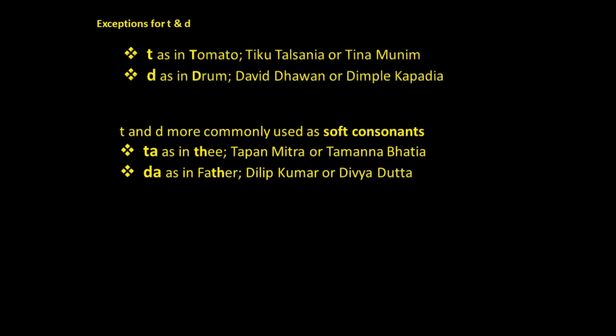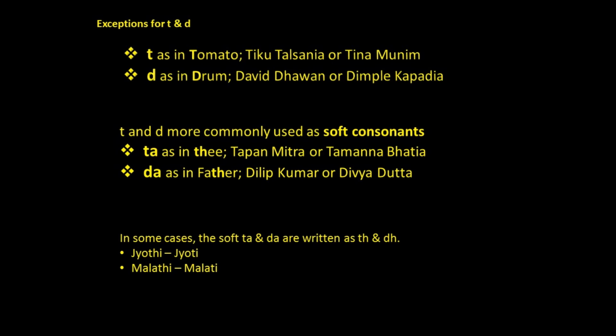Aspirated th, dh are rarely used in names. So, in many parts like south of India, the soft th is usually written with a h, Jyothi instead of Jyoti. However, it is pronounced in a similar way.